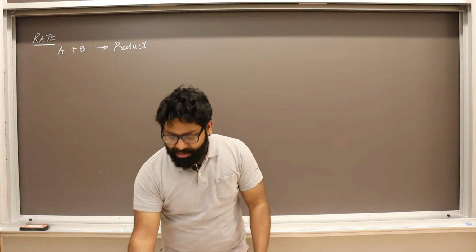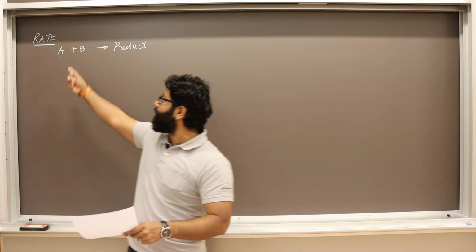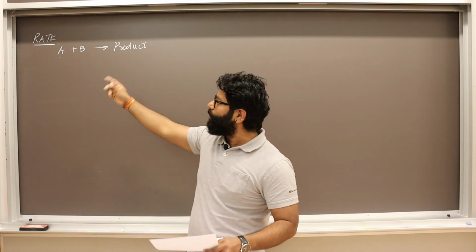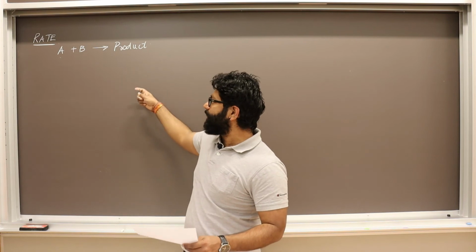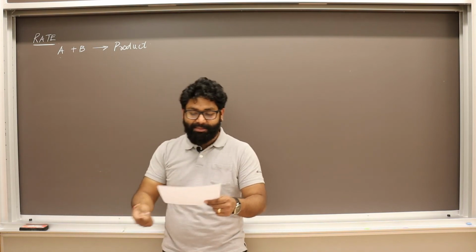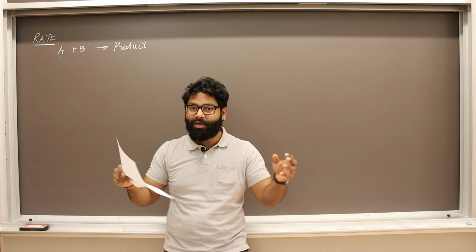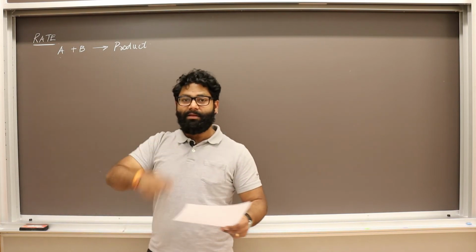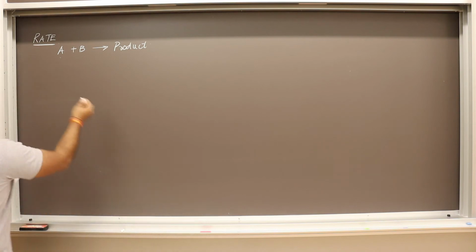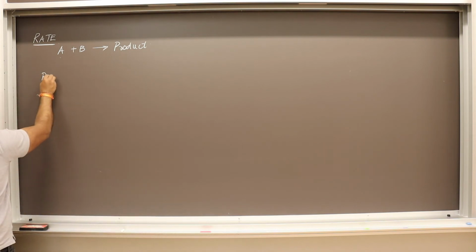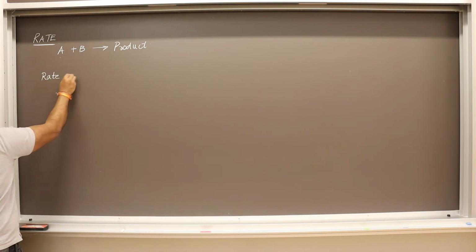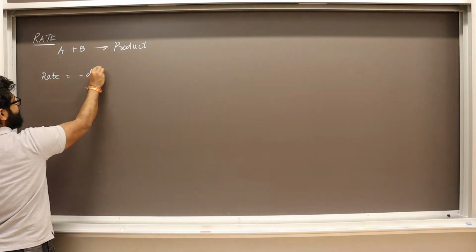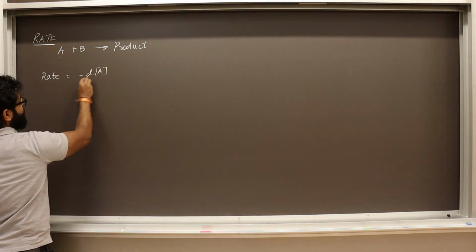Okay, so the rate of the reaction which we saw was minus dA by dt. That rate is proportional to the frequency of the collisions between the A and B molecules. So what was the rate? The rate is this, right?